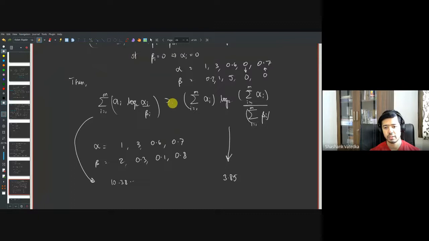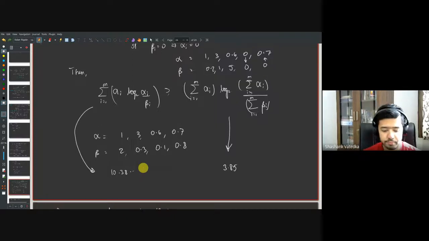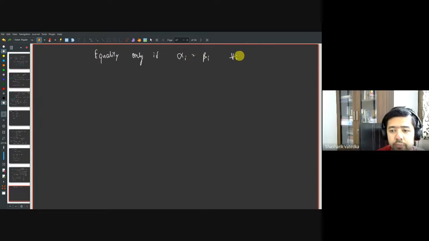And this inequality is an equality if and only if all the alpha i's are equal to all the beta i's. So equality only if alpha i equals beta i for all i.